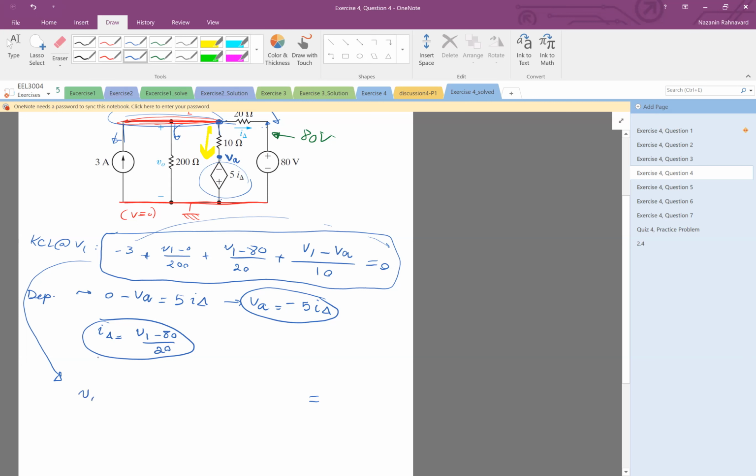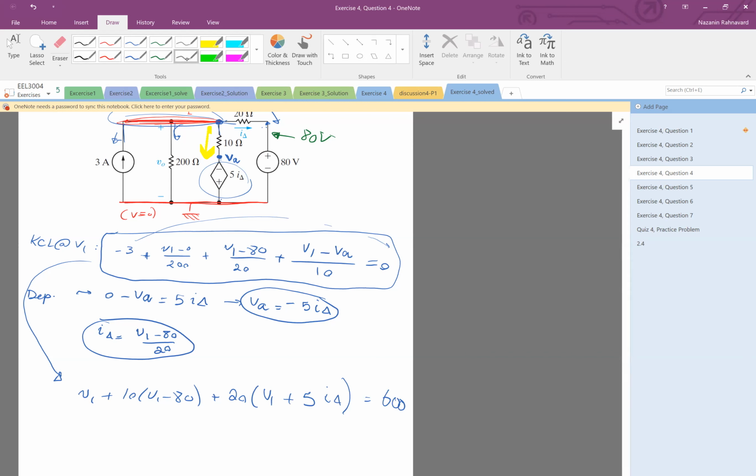So this becomes V1 plus 200 times that is 10 times V1 minus 80, plus 200 times is 20 times V1 minus VA. Minus VA is 5 I delta, equals to the 3 that comes to the other side, and then times 200, which is 600.